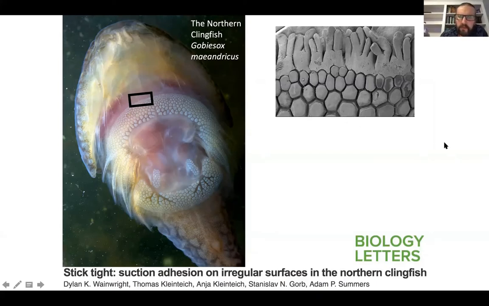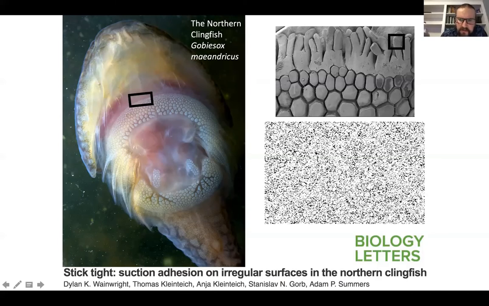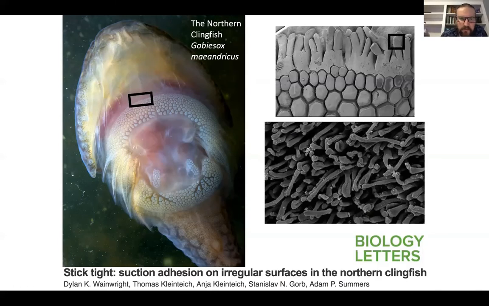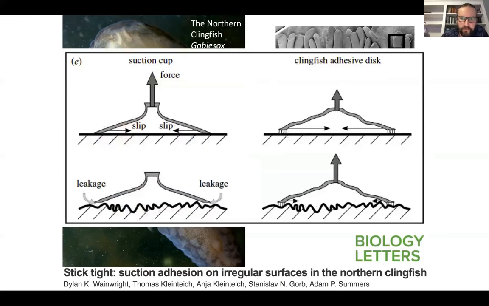If we look at these papillae up close, what we see are very small microstructures that allow them to interact with the substrate. This allows them to create friction, and of course friction works well on rough surfaces, and these microstructures allow clingfishes to stick very well to rough surfaces in marine environments.